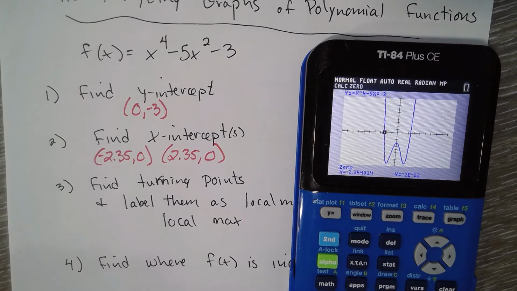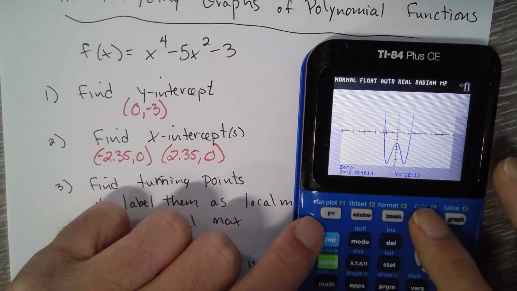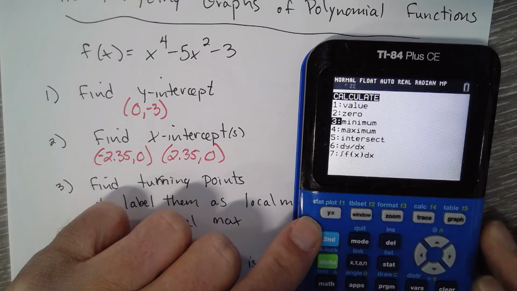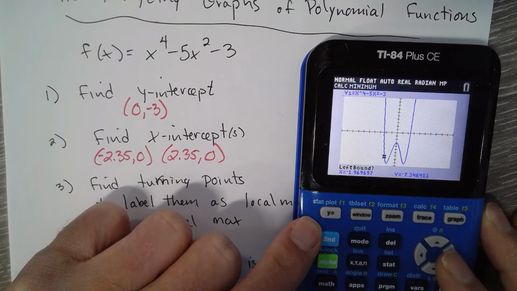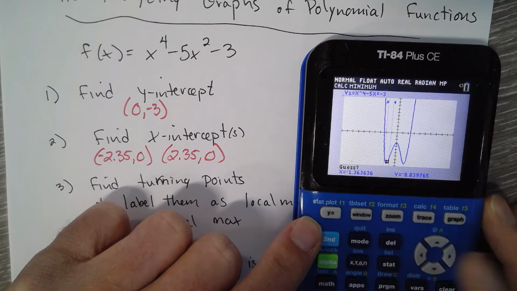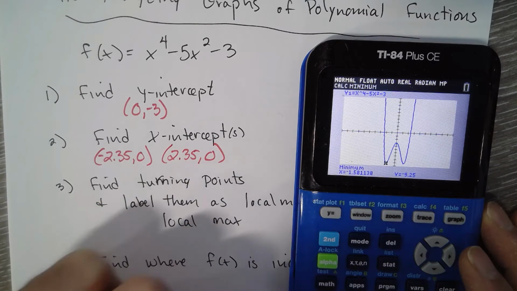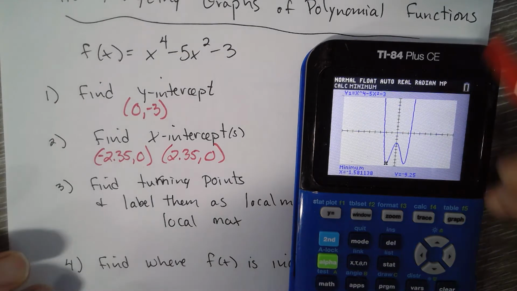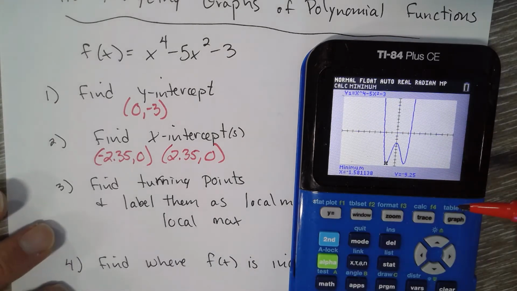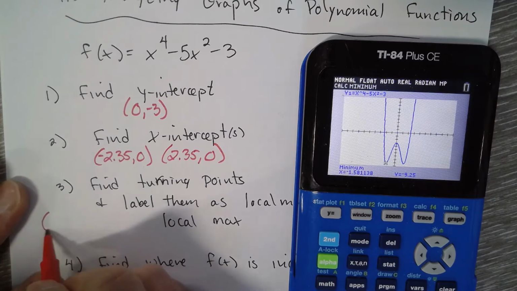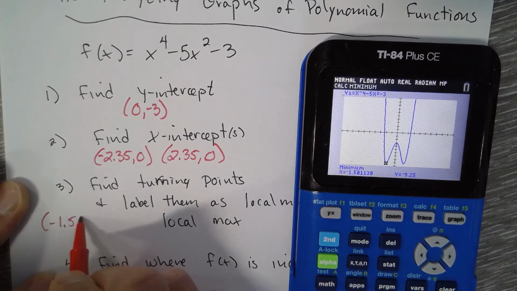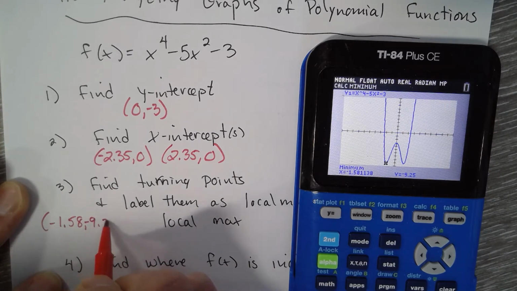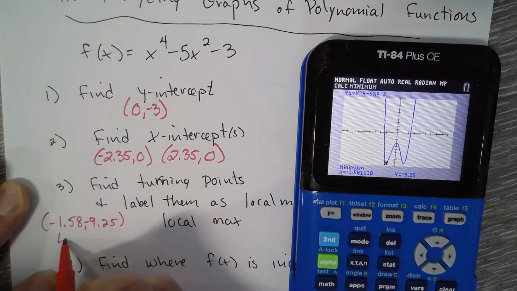Okay, so we can find those by calculating the minimum. We'll do that first. One right down here. Negative 1.58 comma negative 9.25. So negative 1.58 comma negative 9.25, and that would be a local minimum.